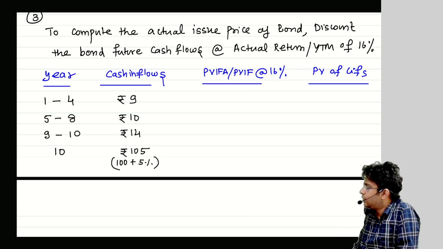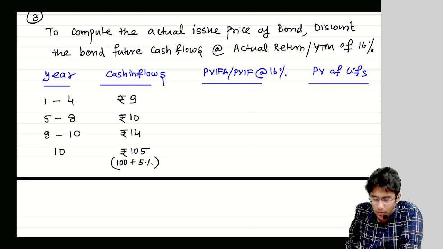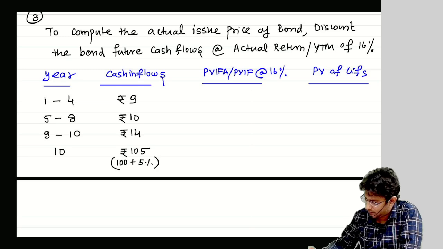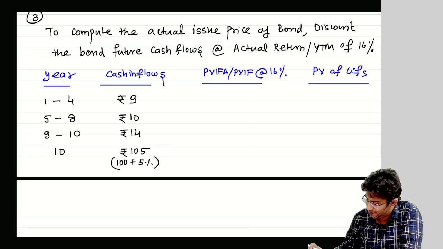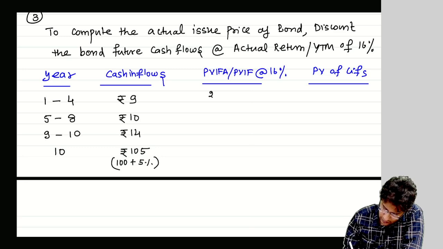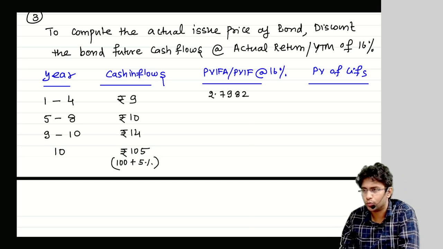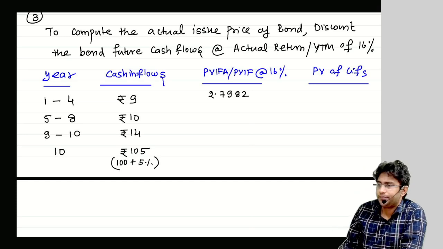Now, you will tell me the annuity factors correctly. 2.7982. Okay.